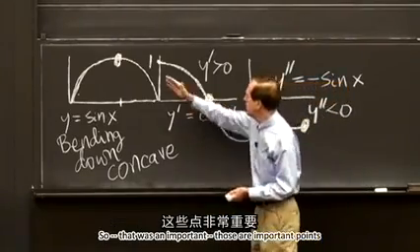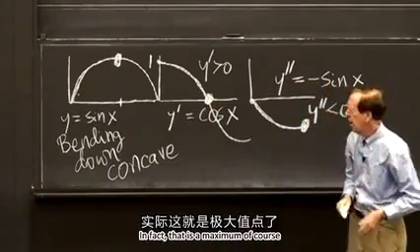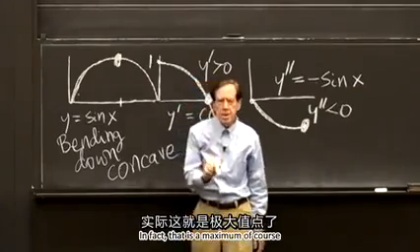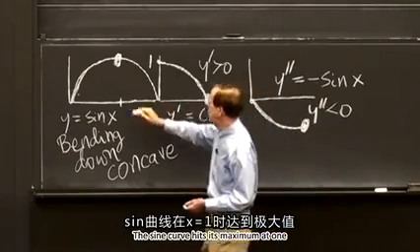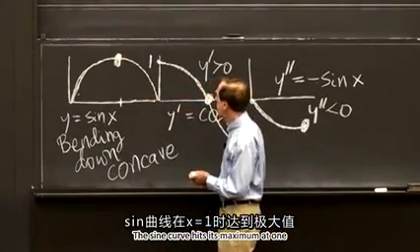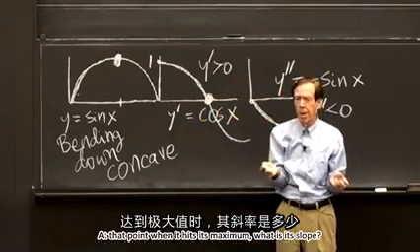So that was important. Those are important points. In fact, that is a maximum, of course. The sine curve hits its maximum at 1. At that point, when it hits its maximum, what's its slope?